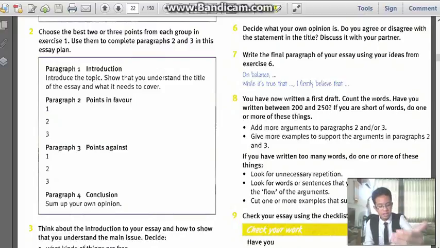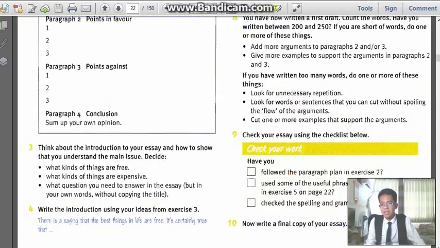So you put the ideas from exercise number 1, points in favor, into this blank. Para 3, points against, just like para 2, but put in the points against you have thought of from exercise number 1. Para 4, the conclusion, sum up your own opinion. So fill it up, and we will go into exercise number 3.